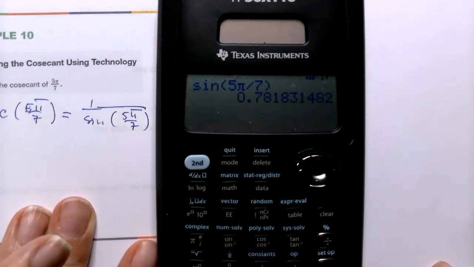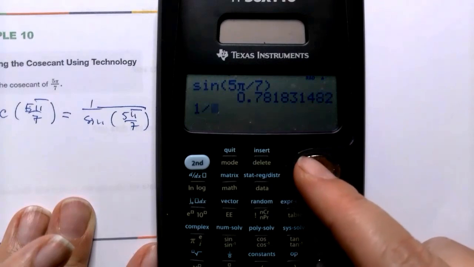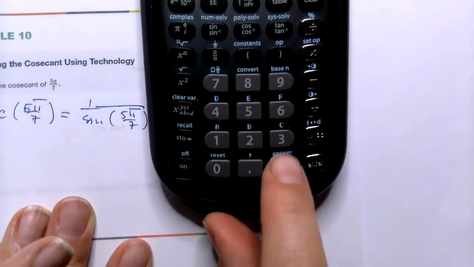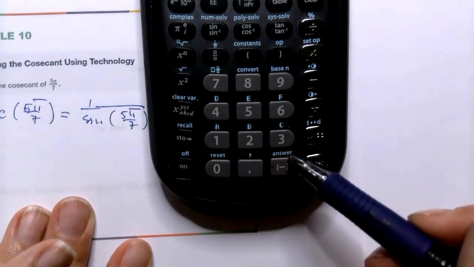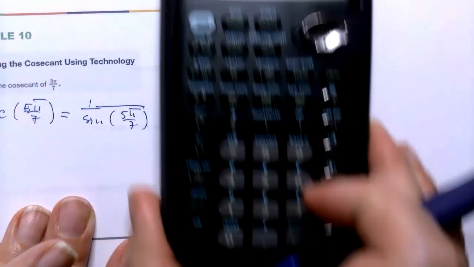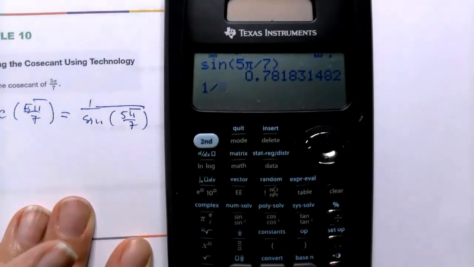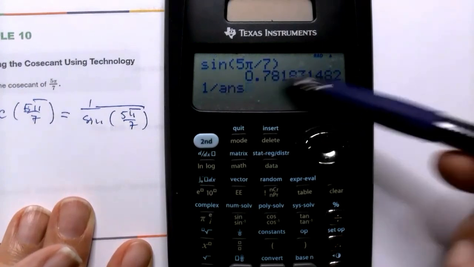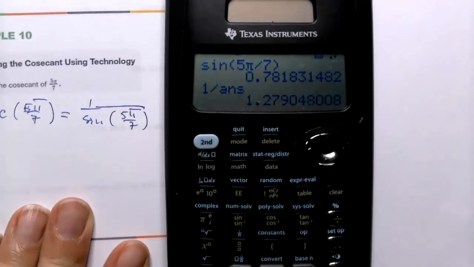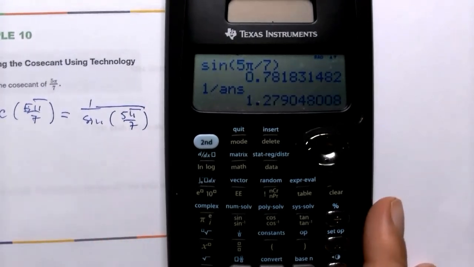This is my sine, and then I can do 1 divided by this value, or you could just use your previous answer. It's the second function key right here on the bottom. I'm going to put second answer, and it just inserts my previous answer here. And here you are. It's 1.279 approximately.